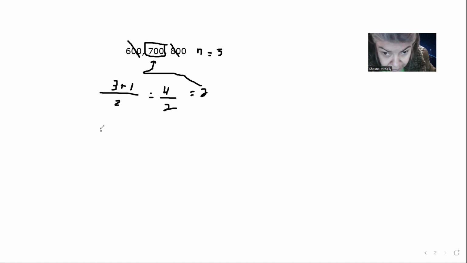It also works if it's even, but let me add one other thing here. Let's say that I have the same list, but I'm going to add a number: 600, 700, 800, and now I'm going to add one more. I'm going to add 900. Okay. If your list has an even number of elements here, n is 4.